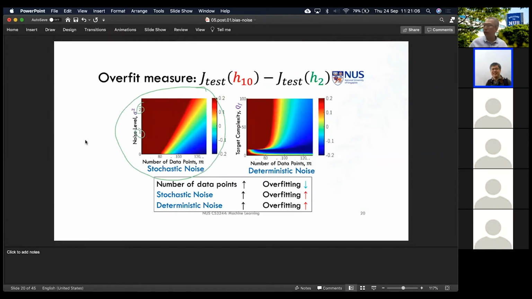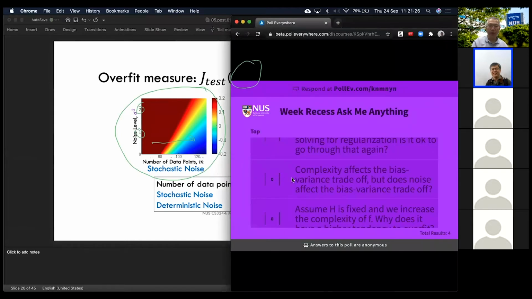But these are all canceled out when we have enough data points. When we have enough data points, the noise level will cancel itself, and then a higher-level classifier like our H10 will tend to work better than our H2. So I hope that answers this.